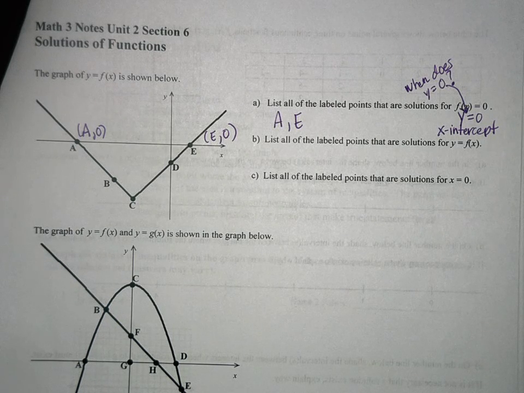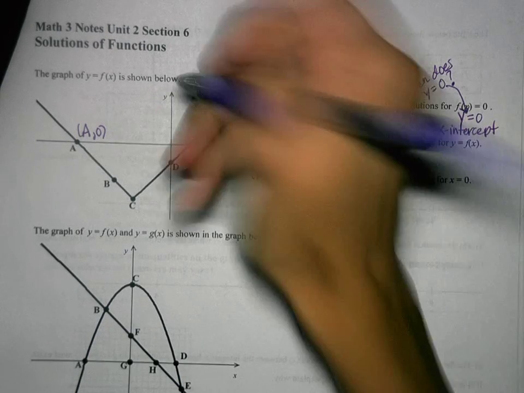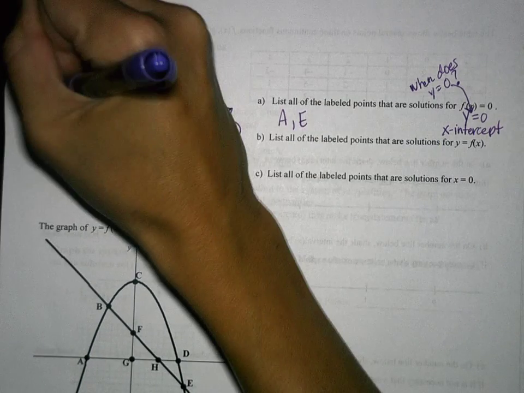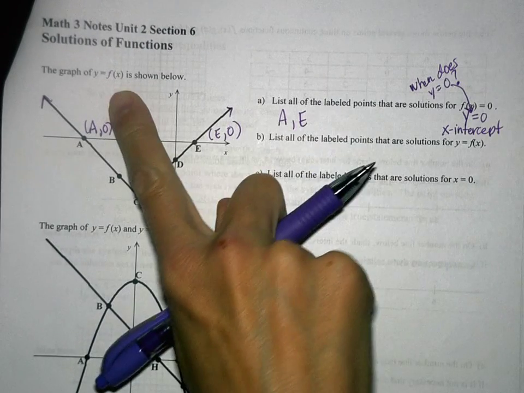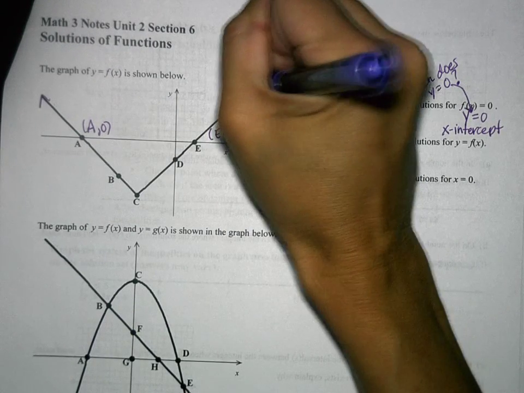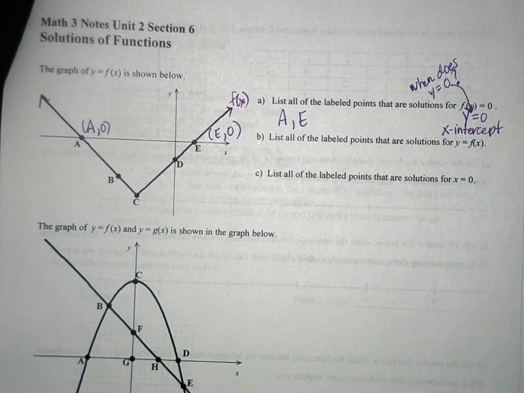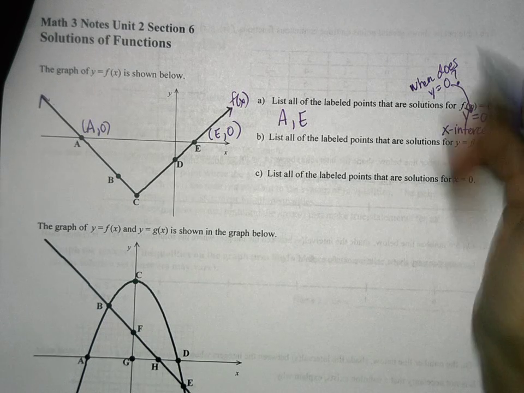All right, so the next one says, list all of the labeled points that are solutions for y equals f of x. Well, what that is talking about is the entire graph. This right here, and I should have labeled this. Oh, it says y equals f of x here. We can put an f of x on here. But they're basically just saying, what are all the solutions for y equals f of x?